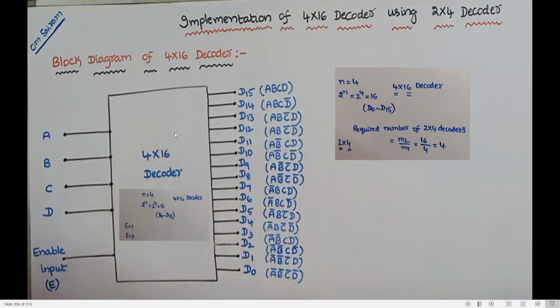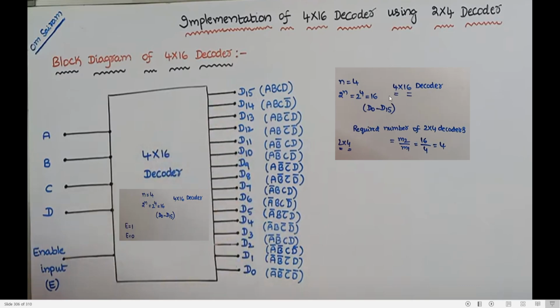You need to construct this 4 by 16 decoder, which should have 4 inputs and 16 outputs, using 2 by 4 decoders. So I need to now understand how many 2 by 4 decoders I need to construct a 4 by 16. The formula for the number of required 2 by 4 decoders is M2 by M1. Here M2 is the outputs of the input decoder. What is the output of the input decoder? How many outputs should you have? 16 outputs.